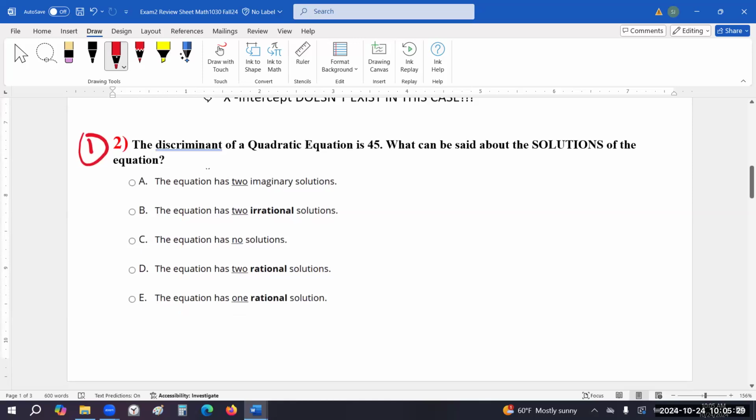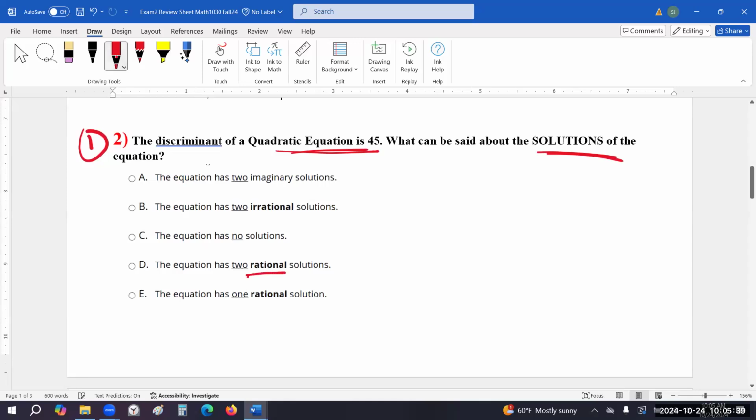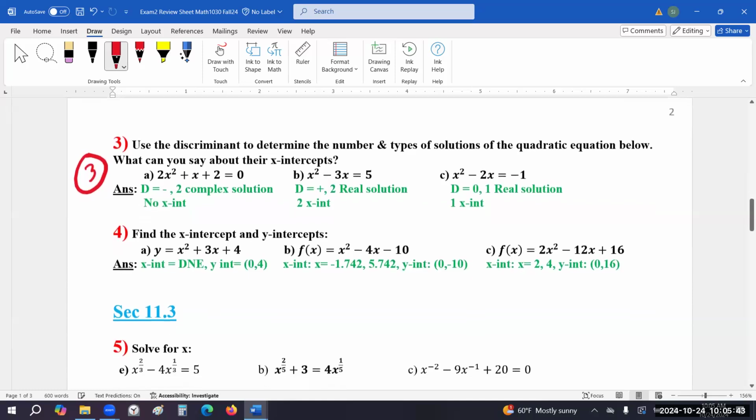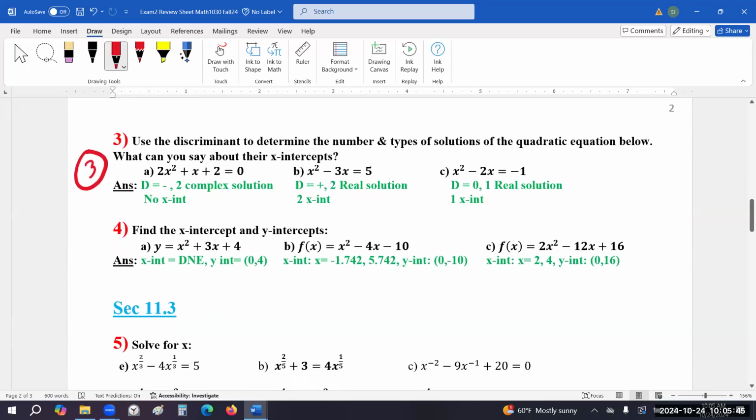One will be something like this one, multiple choice, where you're going to use the discriminant to figure out how many solutions you have. And it will be something with rational and irrational thinking. There will be 3 of these where you're going to use the discriminant and find out what type of solution you have and how many of those.